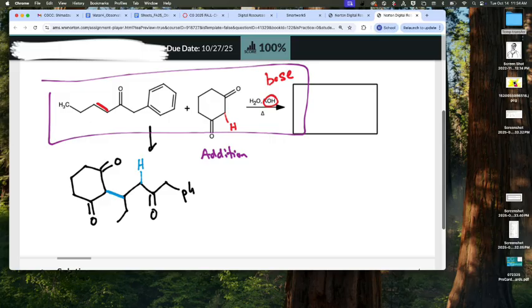It's not nomenclature. So we might say, I added things at position 1 and 2. Wouldn't this be a 1-2 addition? Unfortunately not. What kind of addition is it? It's a 1-4. So now the fun question: how do we know it's a 1-4 addition, sometimes known as conjugate addition?